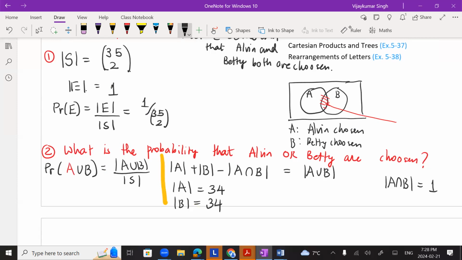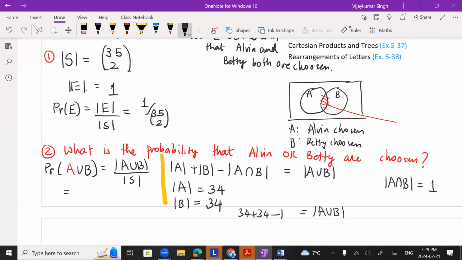Because we said there's exactly one case where they are both chosen. Therefore the size of A union B is going to be 34 plus 34 minus 1.